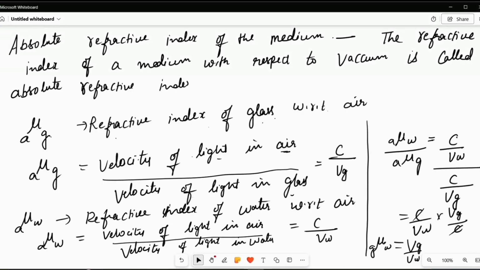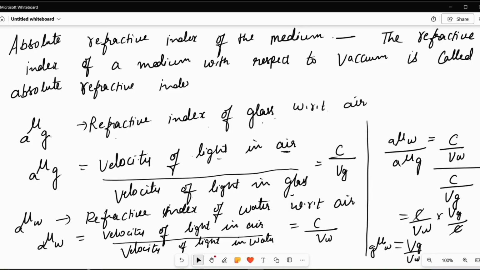Now we are trying to calculate when light moves from glass to water. Light is moving from glass to water. What will be the refractive index at that time? For any given pair only we consider the refractive index, correct?